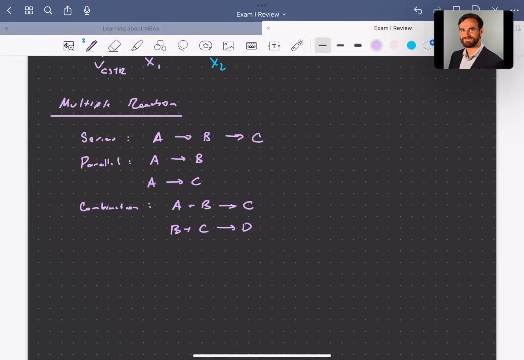So writing the mole balances in these cases just requires accounting for all the different ways that the species is formed and consumed.